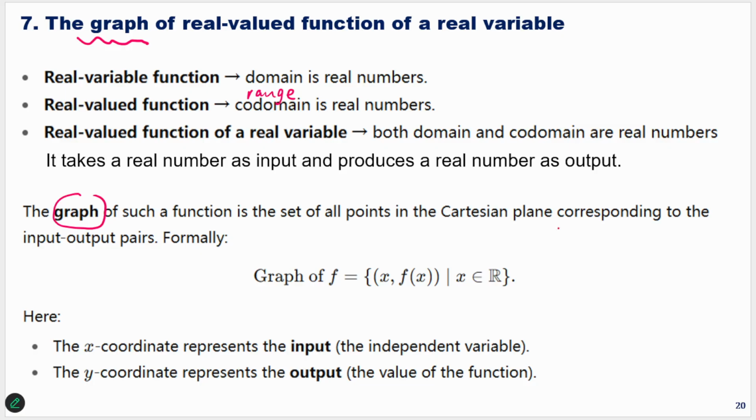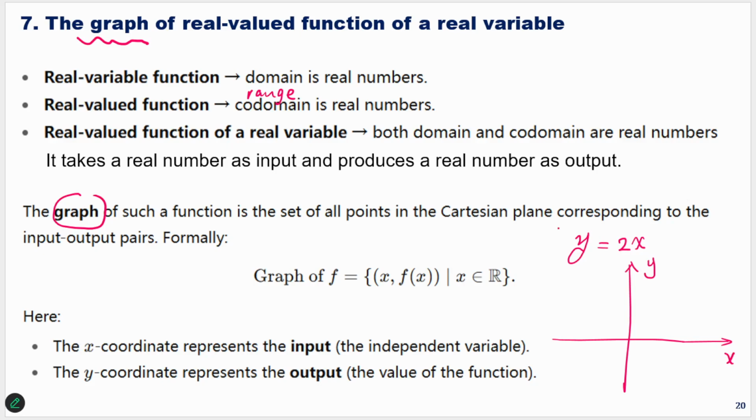For example, again, let's consider this function y equals 2x, and the graph of this function is actually a line. Well, this is a linear function. We'll talk about linear functions in our second lesson, and this is not hard to guess, right?